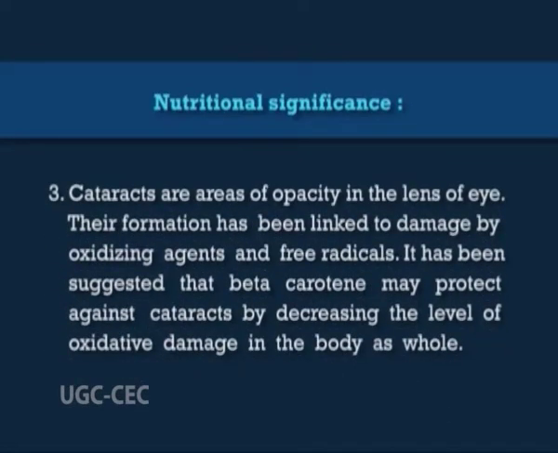Number 3, cataracts are areas of opacity in the lens of the eye. Their formation has been linked to damage by oxidizing agents and free radicals. It has been suggested that beta-carotene may protect against cataracts by decreasing the level of oxidative damage in the body as a whole.